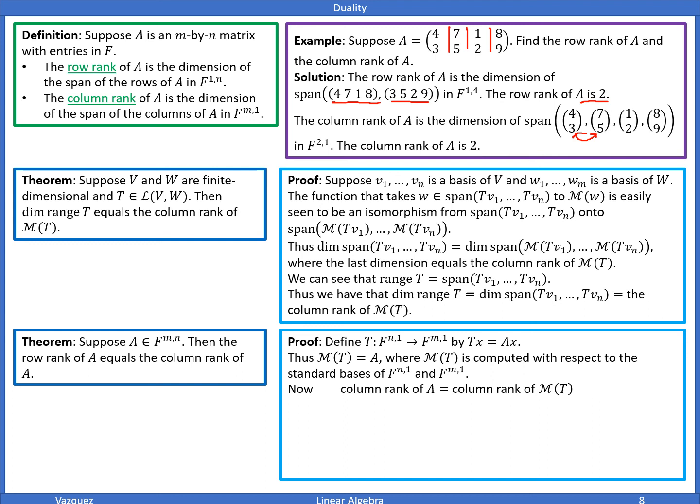And now we have that the column rank of A is equal to the column rank of the matrix of T. Right? And that equals the dimension of the range of T, which comes from the previous theorem.